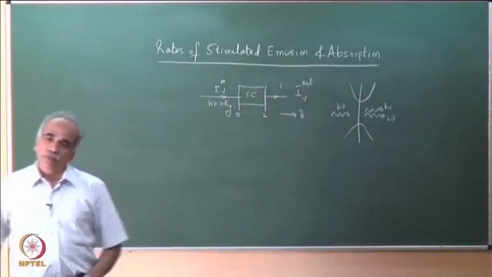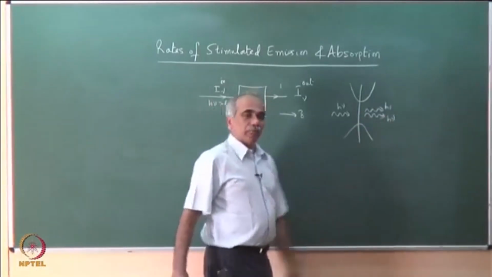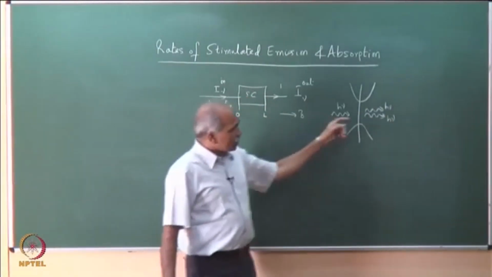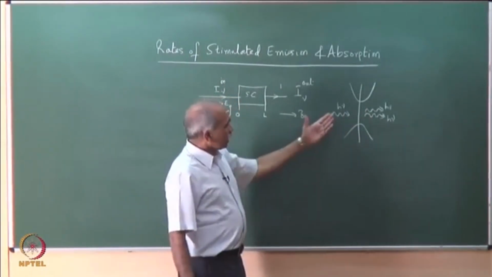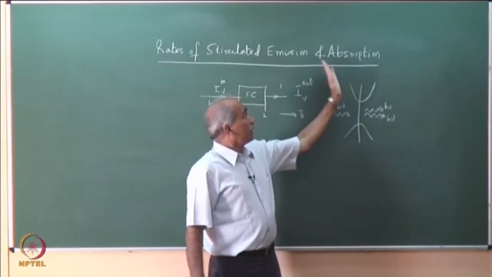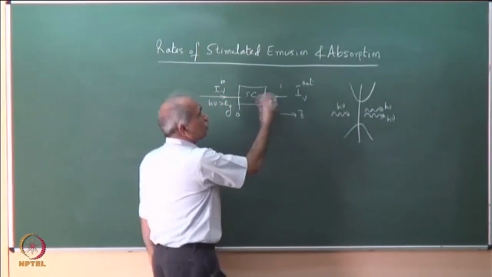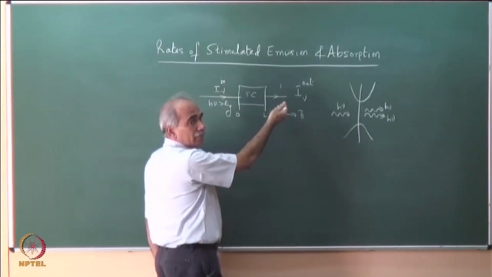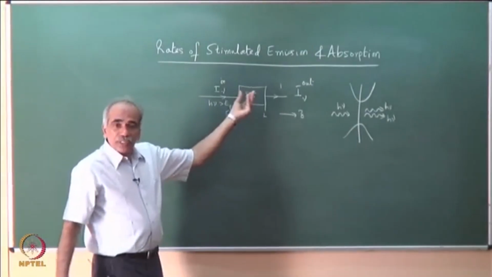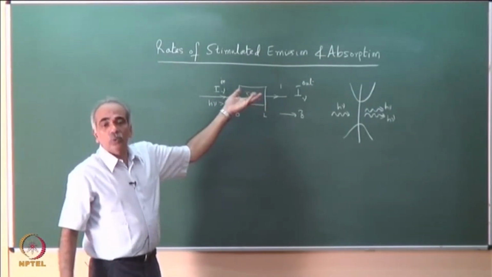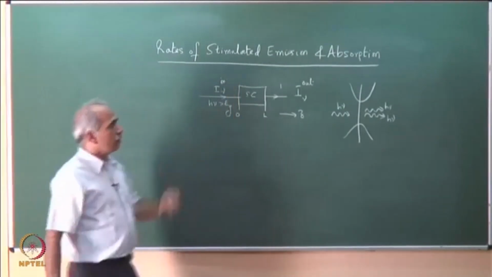Amplification refers to coherent amplification. So, stimulated emission is the one which is responsible for amplification. By the process of absorption, the photon can get absorbed and the output can get diminished or attenuated. So, we want to find out what is the coefficient of gain or coefficient of loss in this semiconductor. That will be our objective.